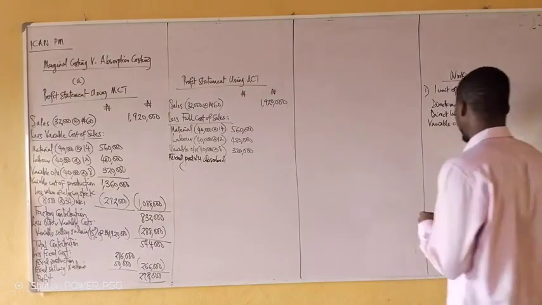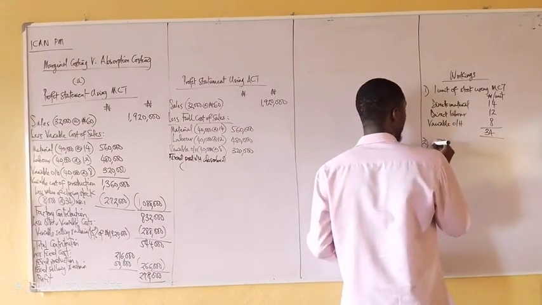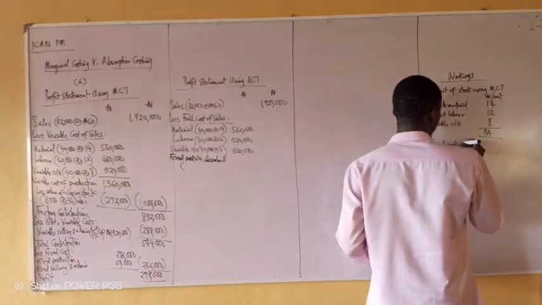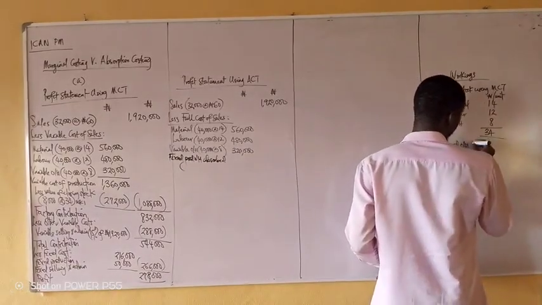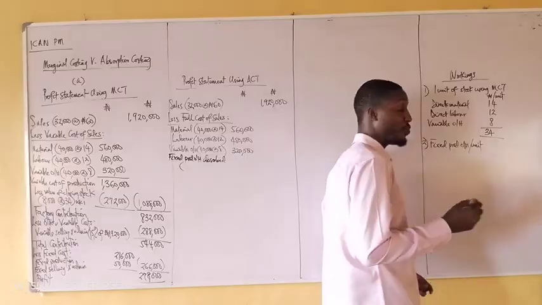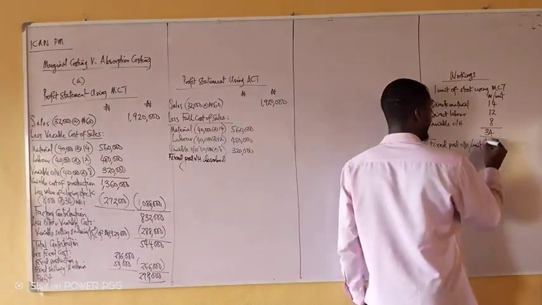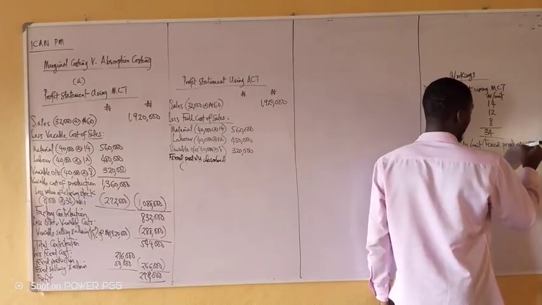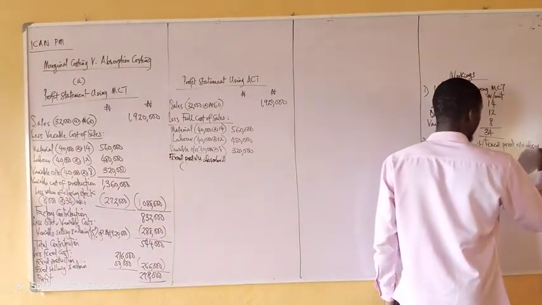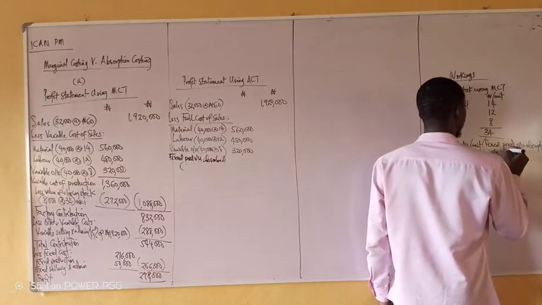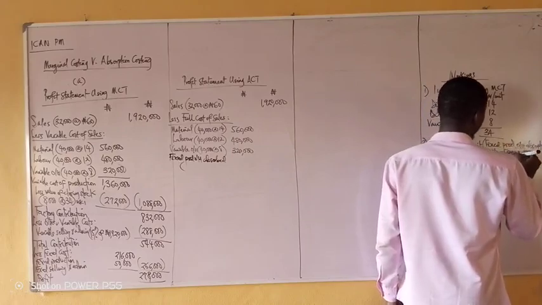So in our workings 2, we'll now get fixed production overhead per unit, or in some cases some people call it fixed production overhead absorption rate, FPOAR. They mean the same thing.